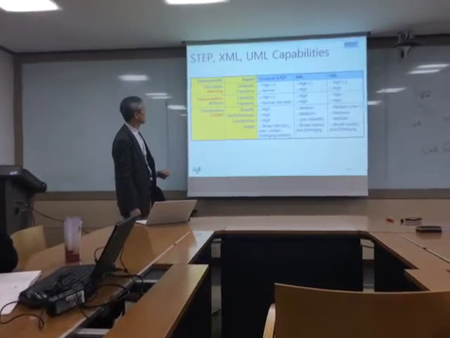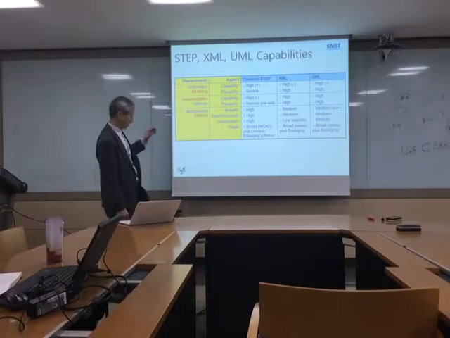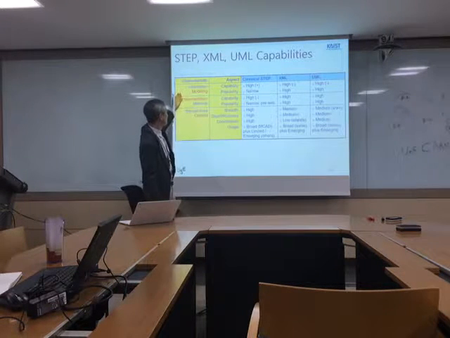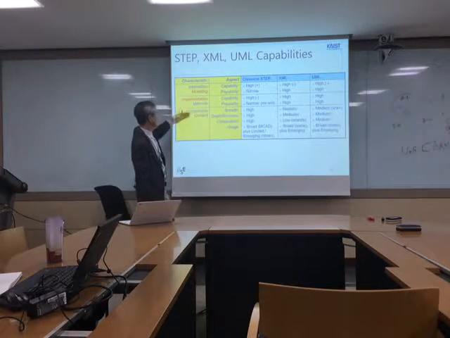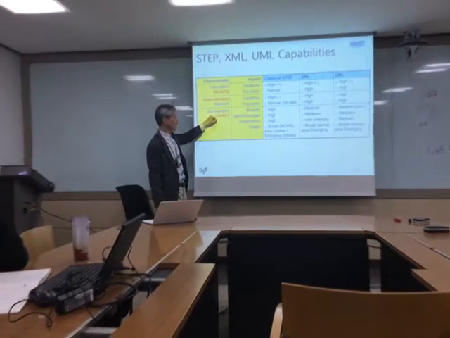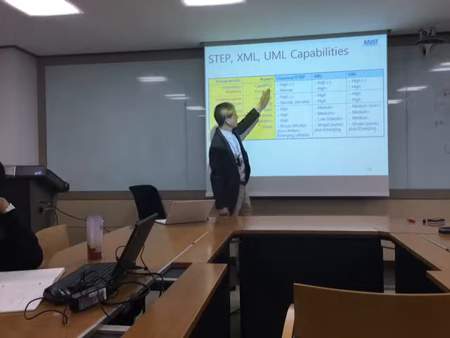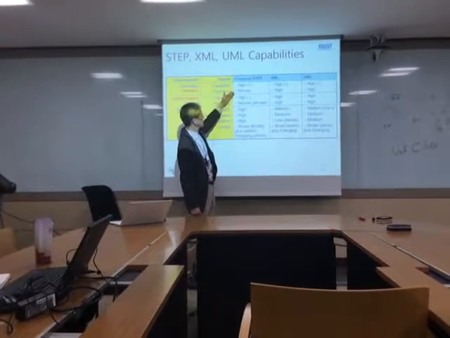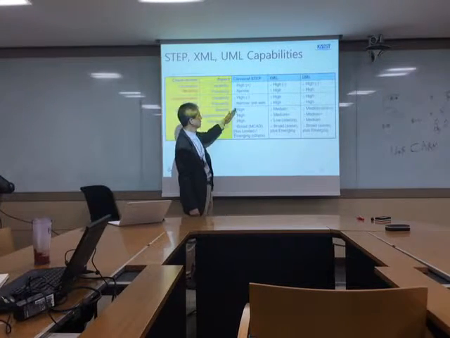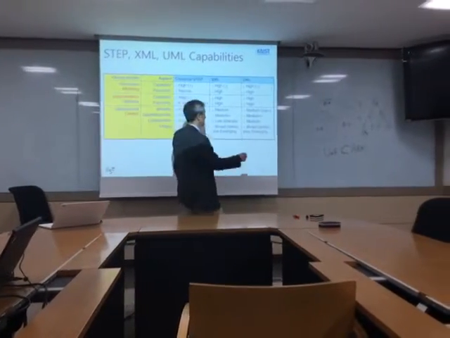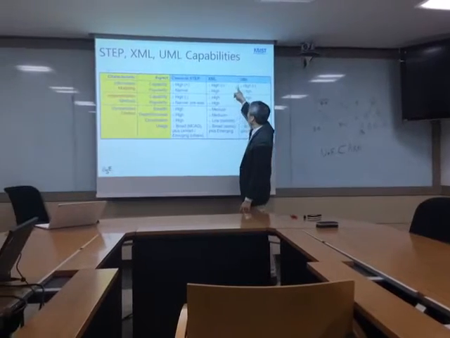And then, once again, the same categories: information modeling, implementation method, and standard contents. And then they are saying STEP or EXPRESS is good, especially content-wise, but XML and UML are better for modeling and implementation.